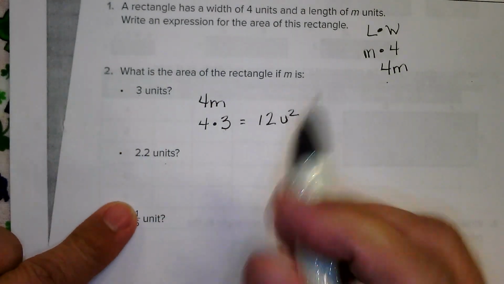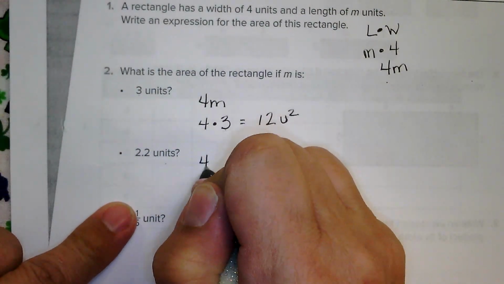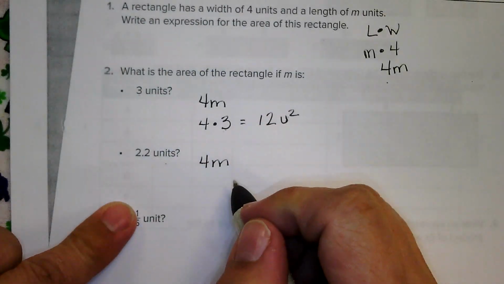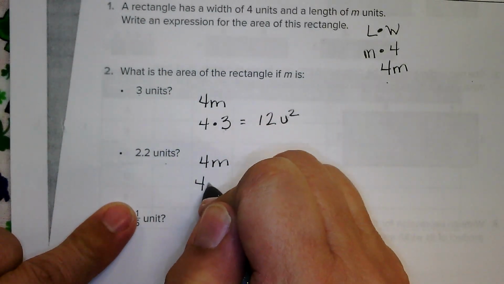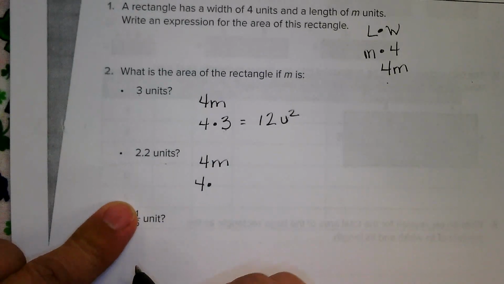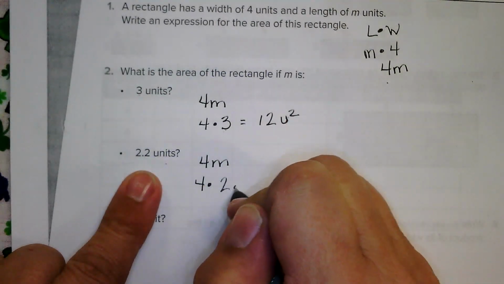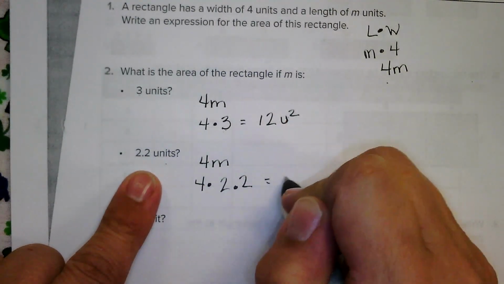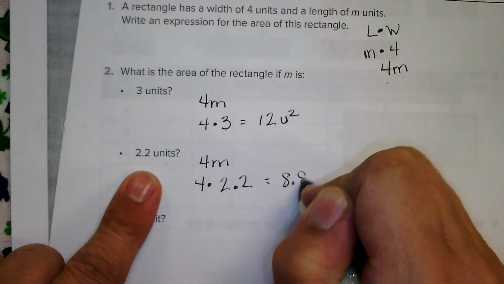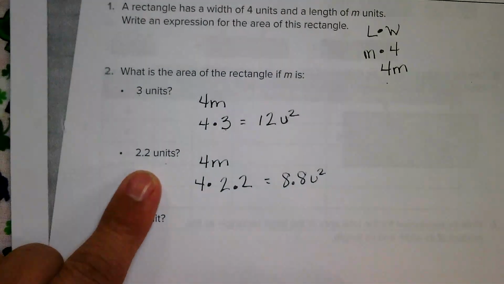Okay, down here I have 4m equals 4 times, put your units in, then what does that give you? 0.8 units squared.